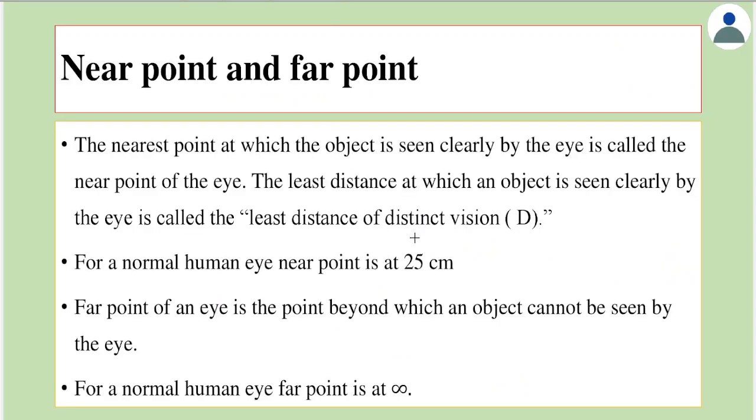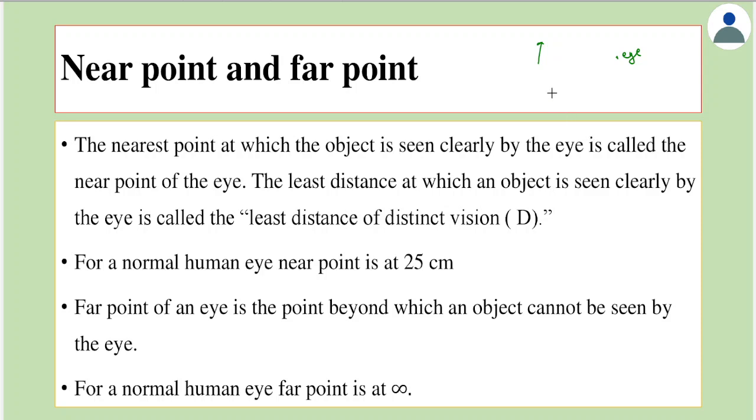Next is near point and far point. Now, near point basically means the nearest point at which the object is seen clearly by the eye. Think of a case where we have an eye like this. This is, for example, the human eye. If an object is kept at a certain distance, this object can be seen clearly.